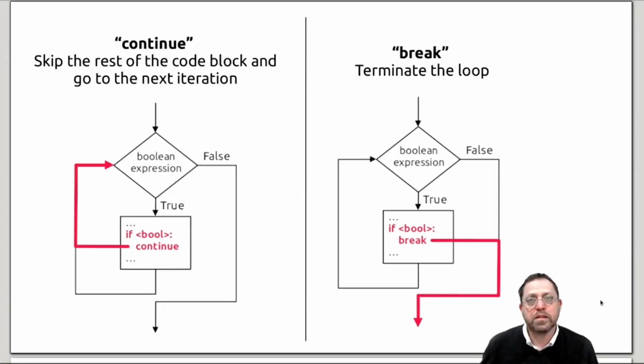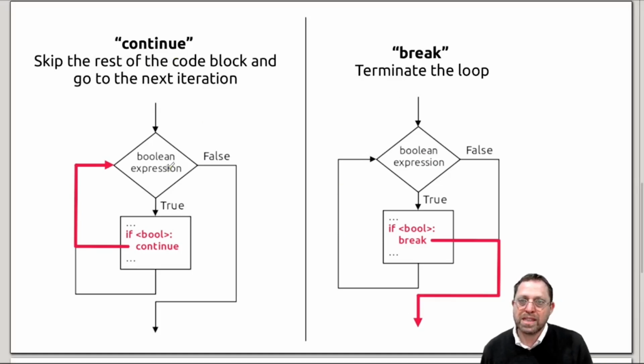There are 2 additional keywords associated with looping in Python, both for loops and while loops, and those are the continue keyword and the break keyword. So continue instructs the interpreter to skip the rest of the code block and go to the next iteration.